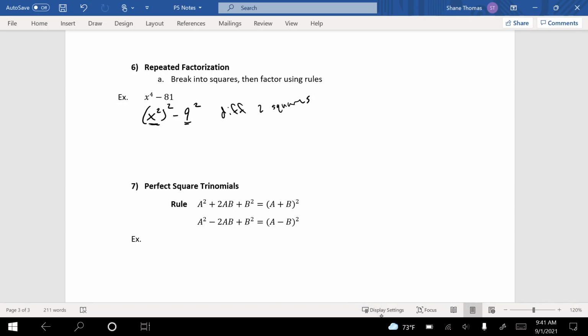That's my a and b. x squared plus 9, and x squared minus 9. Because the x squared and the 9 would be the square root of the original to the 4th, because of the square and the square. All right, so I was able to just rewrite it as squares and then plug those in. Questions on those?